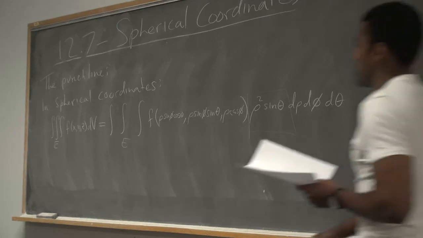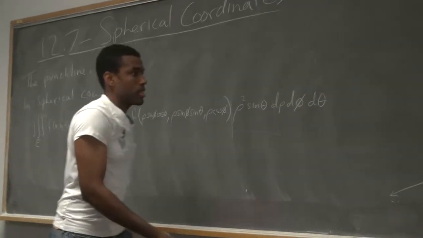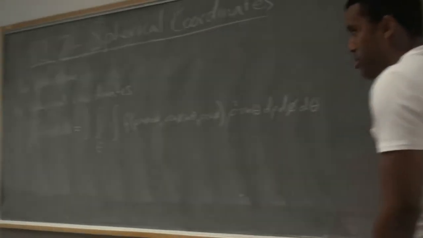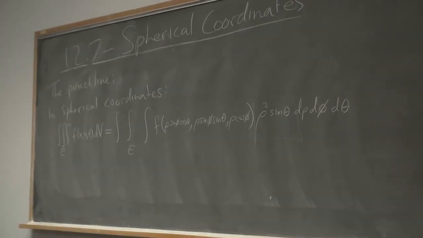Let's actually do some examples with this. The general formula is scarier than it looks. I mean, the general form for cylindrical coordinates looked really scary, but you'd see when you were applying it, it wasn't that bad.